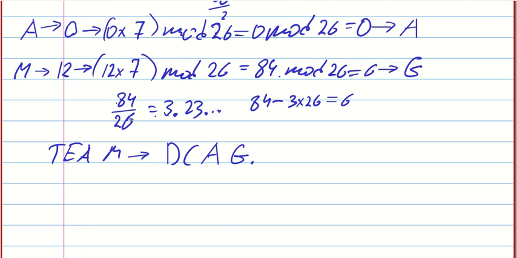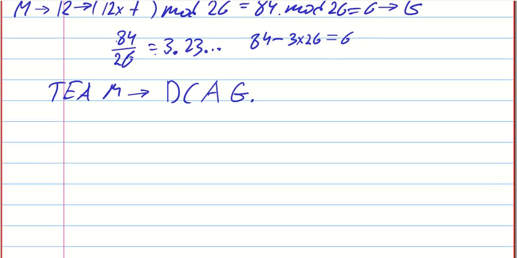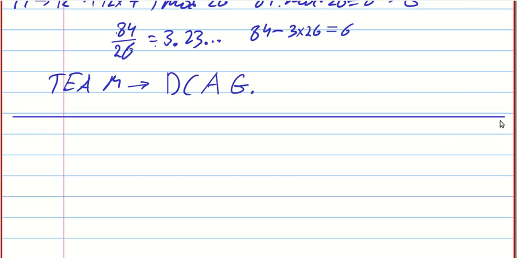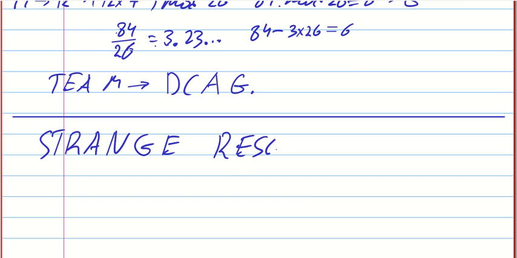But there is another very, very important drawback. Let's look at this example to understand what could go wrong. So, strange result. So what could go wrong?